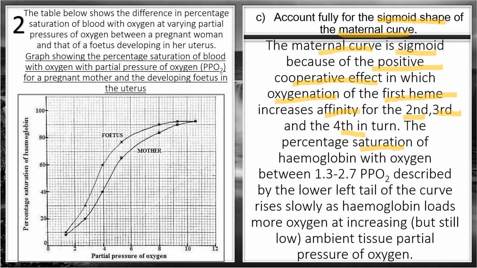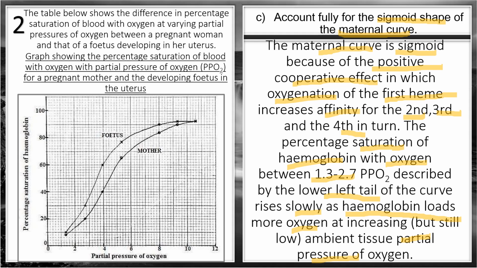The percentage saturation of the hemoglobin with oxygen between 1.3 to 2.7 pp oxygen, described by the lower left tail of the curve, rises slowly as hemoglobin loads more oxygen at increasing but still low ambient tissue partial pressure of oxygen.